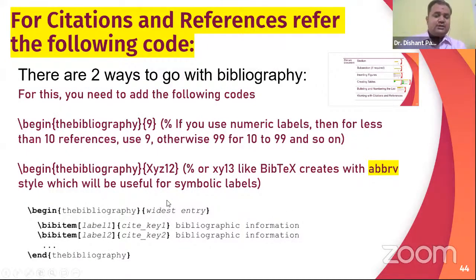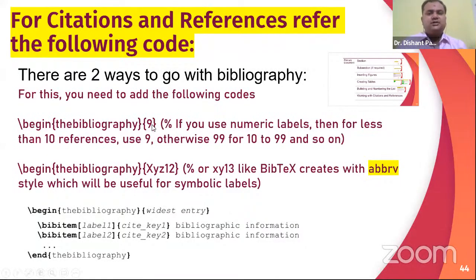The first thing is you can use the bibliography environment. The bibliography environment comes with 2 options. You can see here, I have written 9. If you use numeric labels like 1, 2, 3, 4 for your references and you have fewer than 10 references, you can use 9.